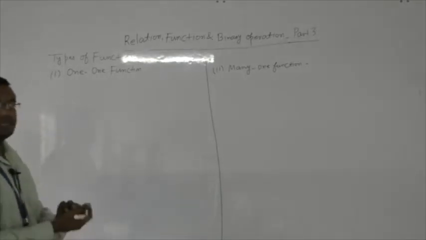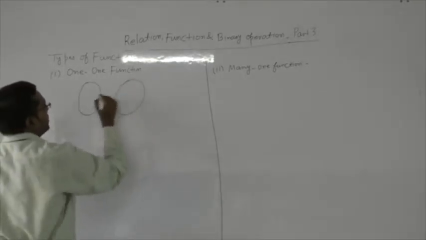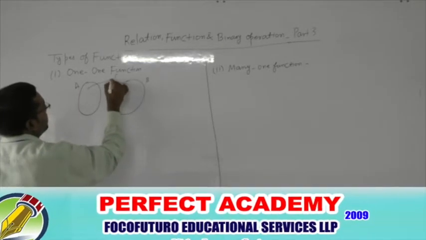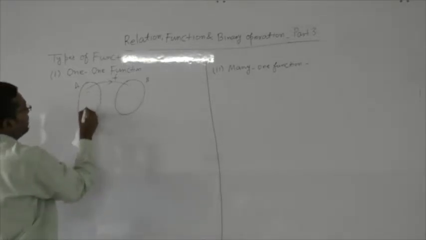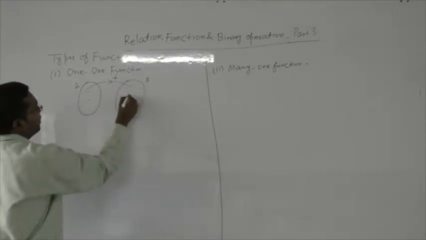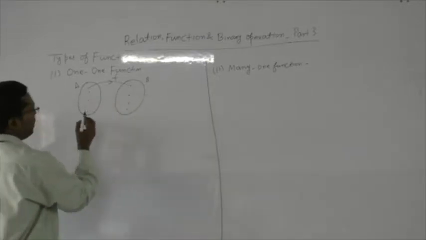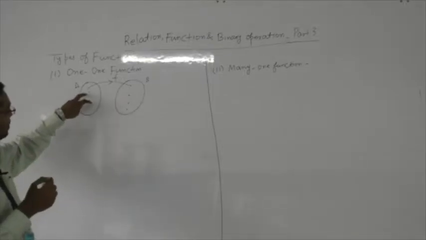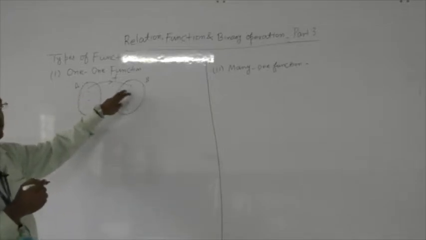See, what is this one-one function? Suppose we have two sets A and B, and a function is defined from A to B. Here we have some elements, here we have some elements. Suppose a function is defined from A to B such that each element in A has only one image, and that too unique.